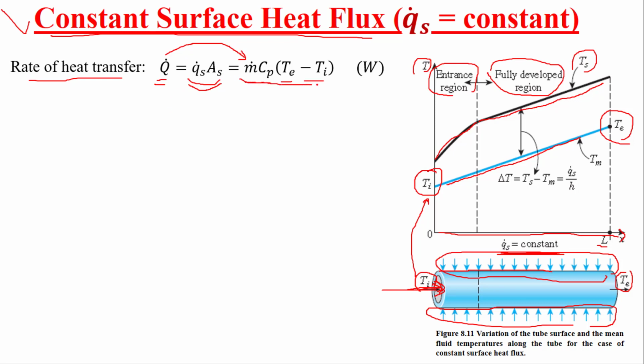This amount is equal to the heat flux entering the tube, so Qs multiplied by S, and we agree that Qs is equal to h (Ts minus T mean). You can add here x.